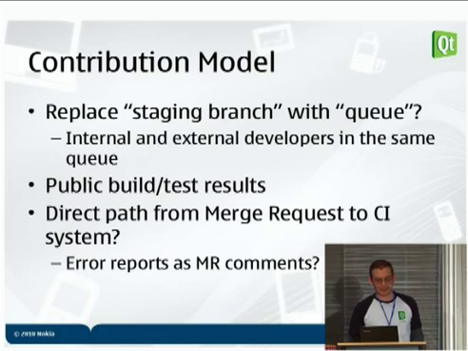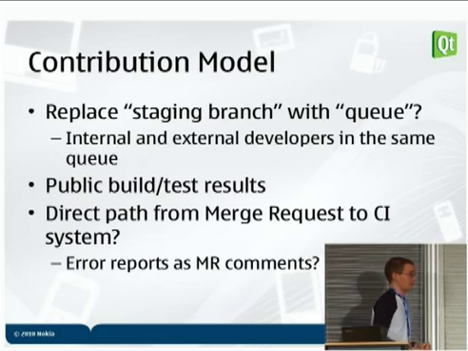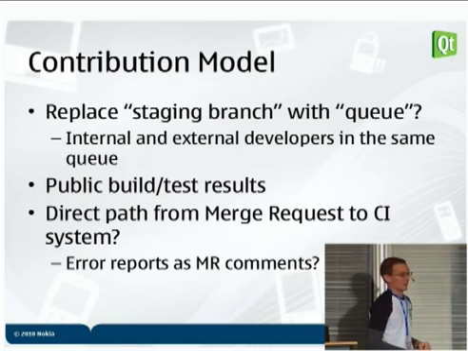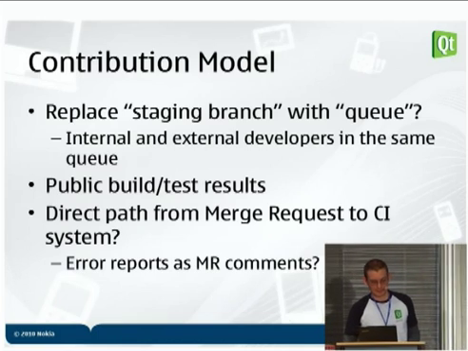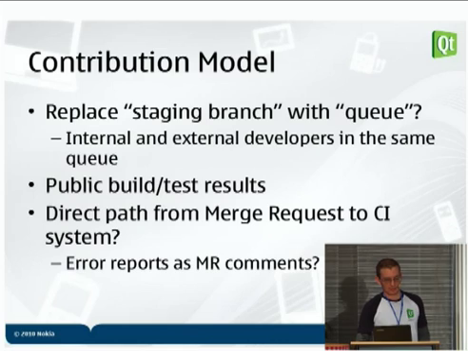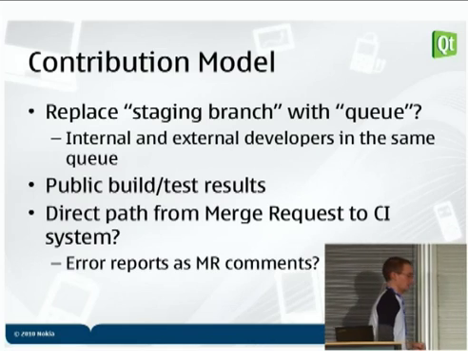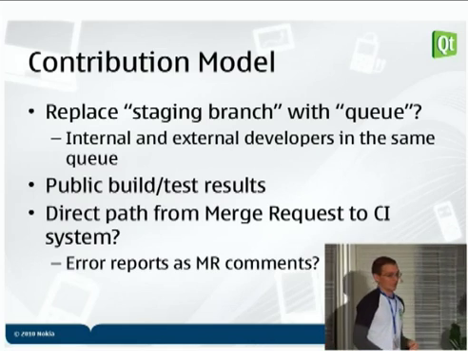Now, there are question marks against most of these bullet points because there are not concrete answers to any of these yet, except for this one. It's pretty clear that we should start to make these build and test results public.